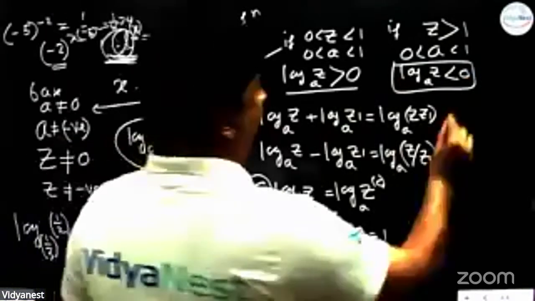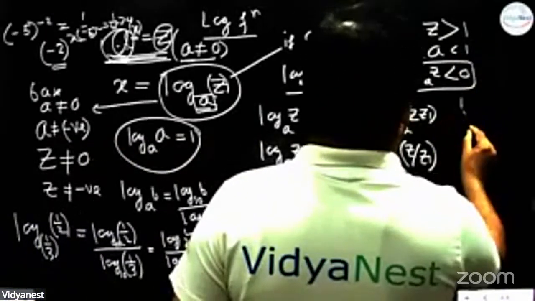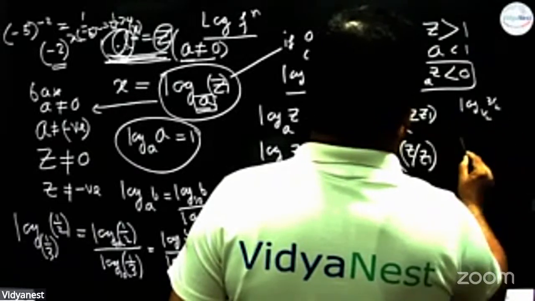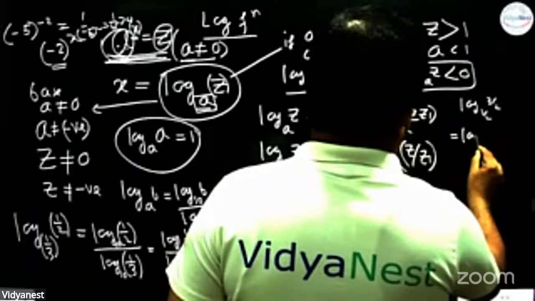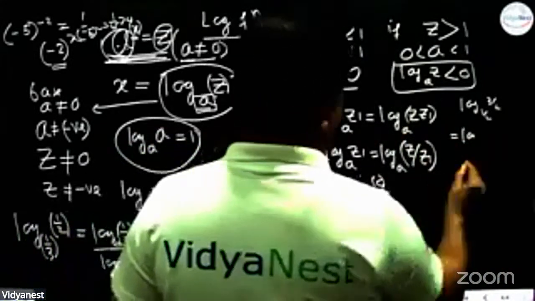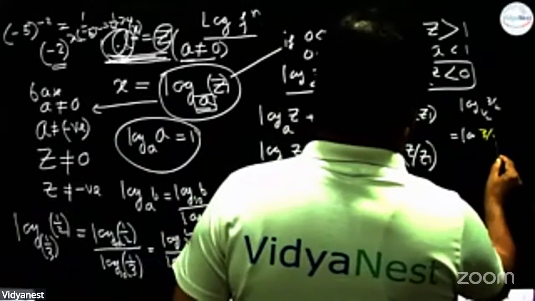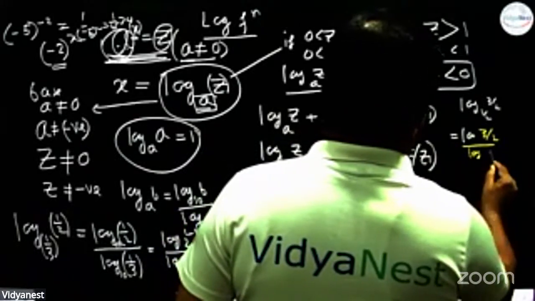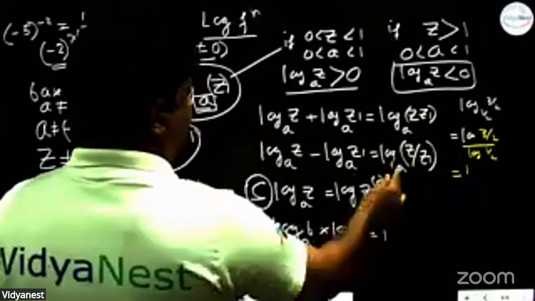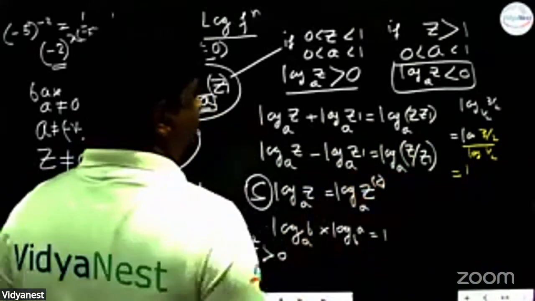How? Suppose log 3 by 2 to the base half. That means log 3 by 2 by log half. It means log z by z1, log z minus log z1.